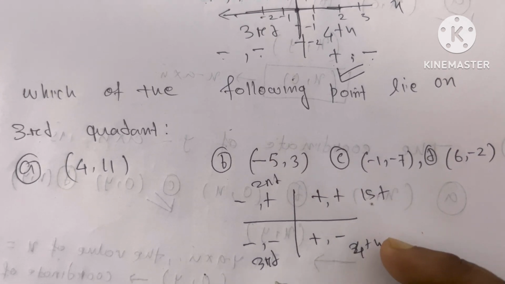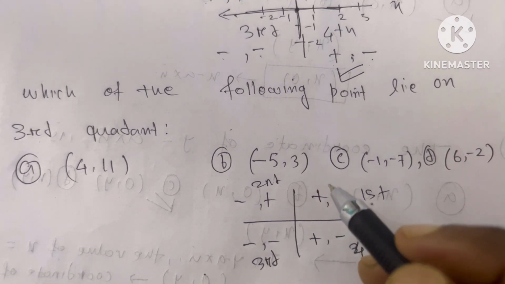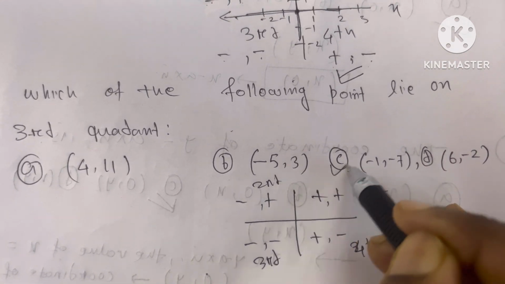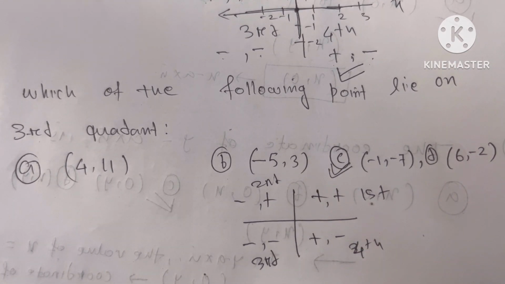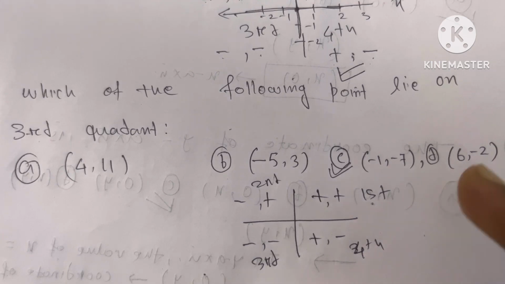So the coordinate of the third quadrant is always in the form of minus, minus: the x value is minus and the y value is also minus. So option C will be correct. By the symbol of the quadrant, we can directly find the answer. Very simple.